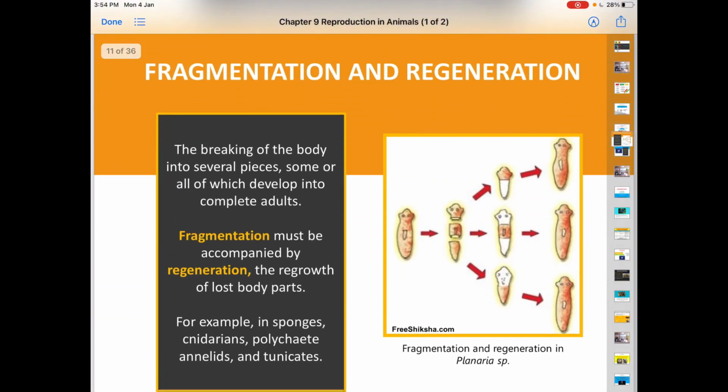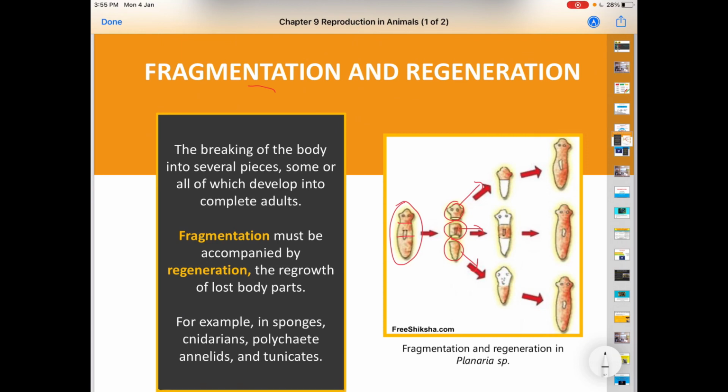Okay, the last is fragmentation and regeneration. The word fragment means that from one whole body, it is fragmented, separated into certain parts, and each fragmented or segmented area can develop into one complete new organism. It is the breaking of the body into several pieces, some or all of which will develop into complete adults.